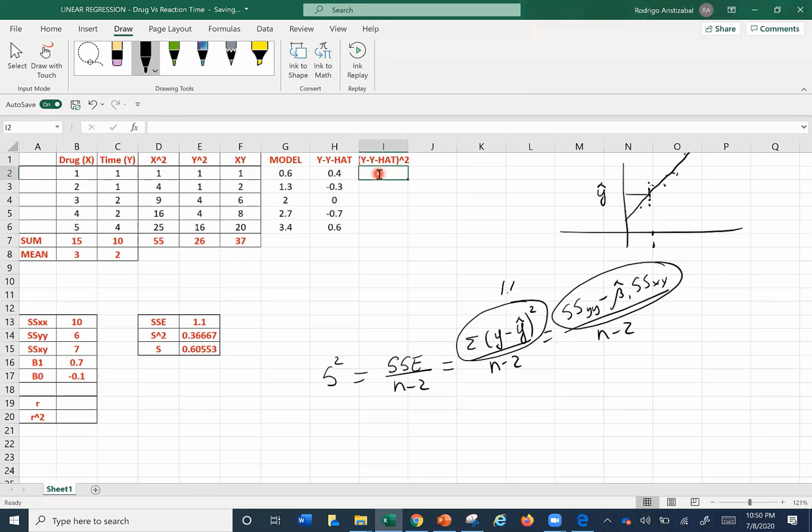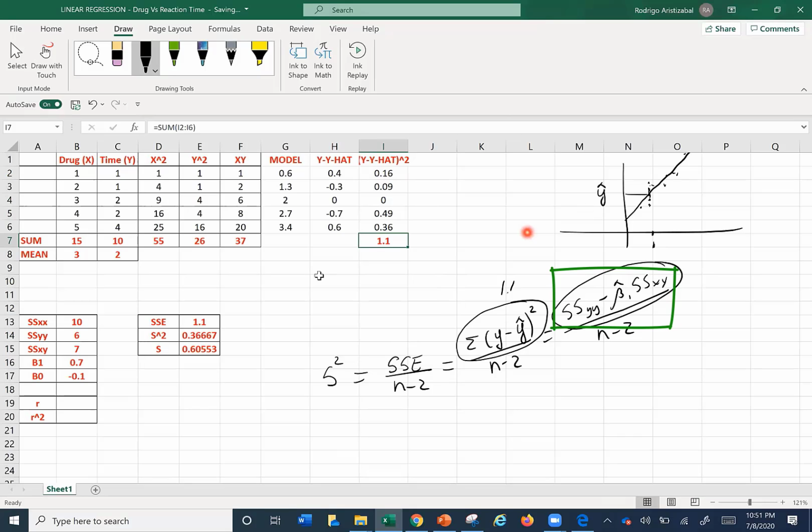Then when we copy this formula for all values and we sum all of these squared deviations, we obtain exactly the same value that we obtain using the shortcut formula.